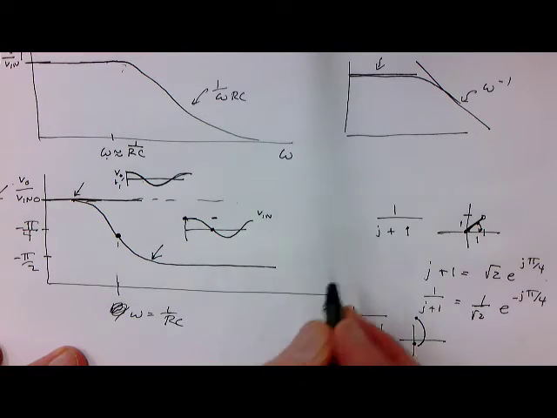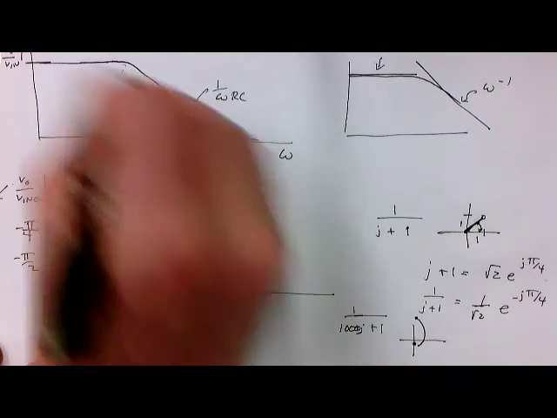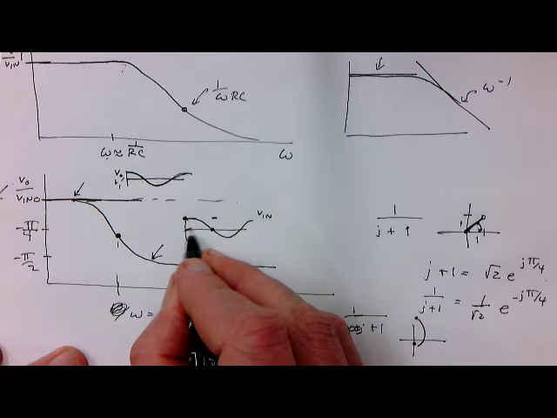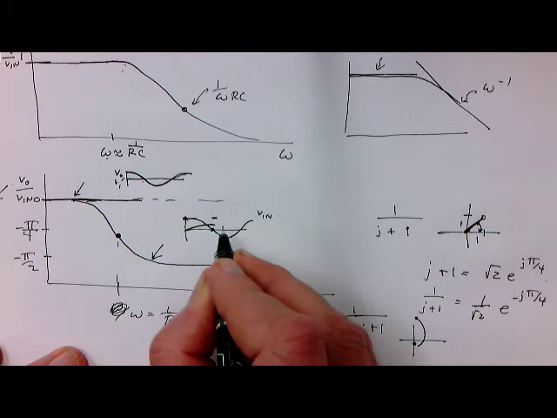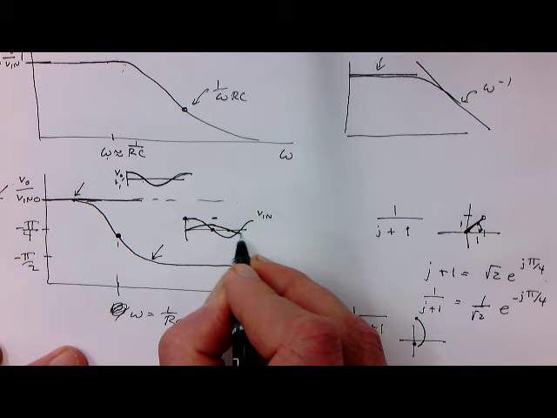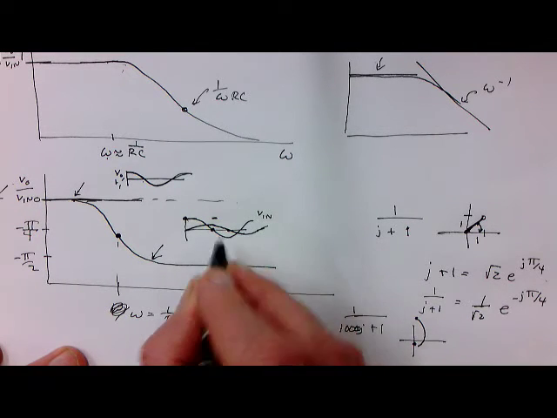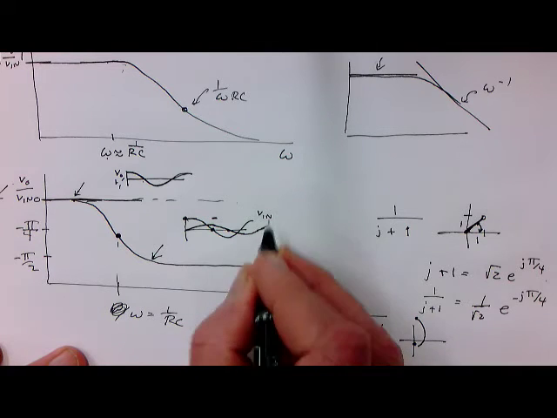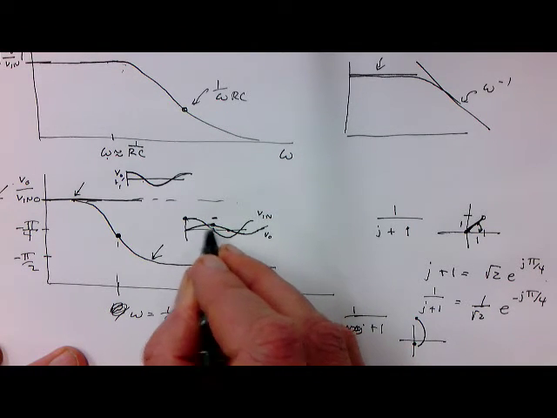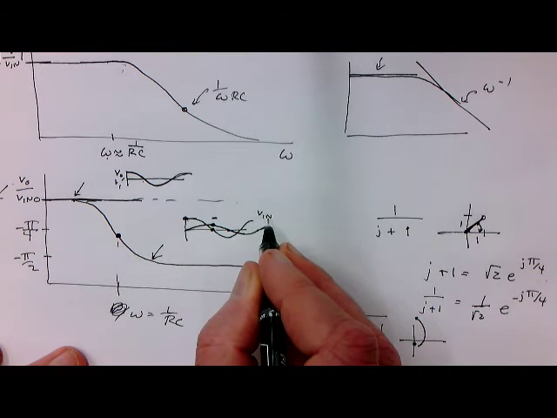And furthermore, Vout is way, way smaller than Vin. So now what that's going to look like is something kind of like this. It's going to peak there, be 0 there, peak again there. So Vout lags Vin, it's later in time. It reaches this peak later than this peak.